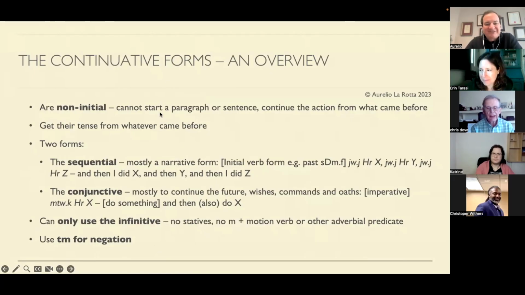Okay, cool. All right, we're just doing a quick overview of the continuing forms, the beginning of part 3 of the book by Neveu, and essentially forms that are used to continue whatever was said at the beginning of the sentence.